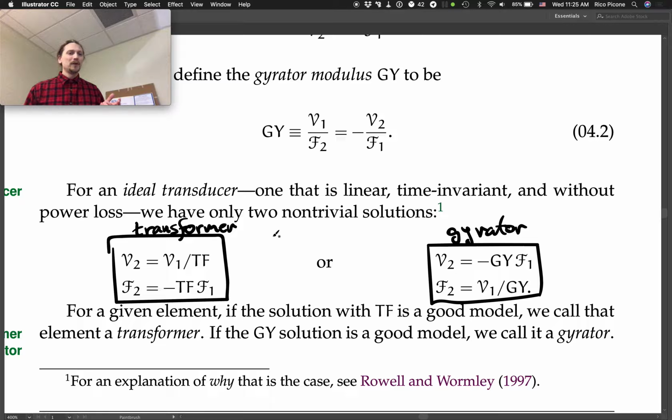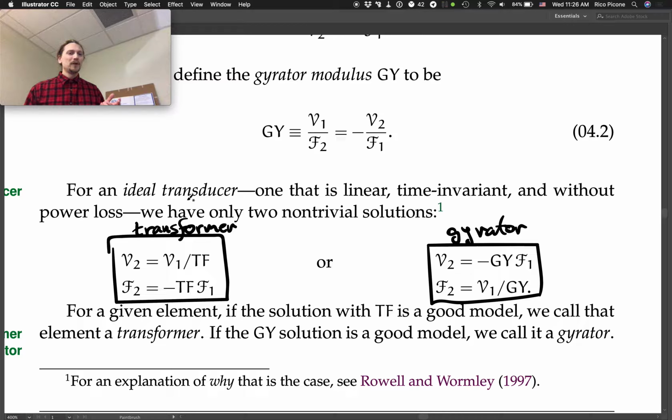We'll use these ideal models, and then we'll augment them with additional D-type elements. The D-type elements are the ones that are energy dissipative. For instance, a motor has an electronic side and it has coils. We'll talk about what that looks like, but it has coils of wire, and those wires have resistance to them.